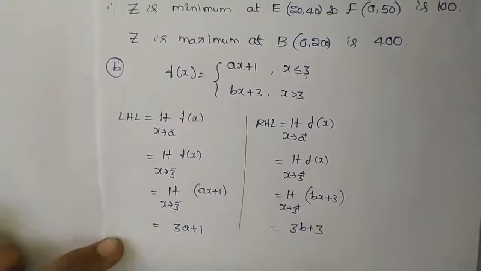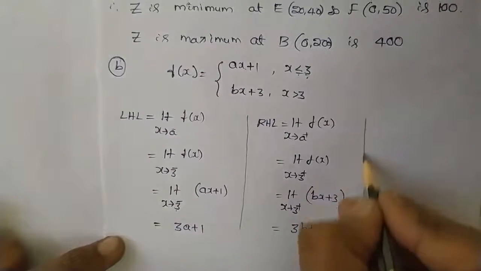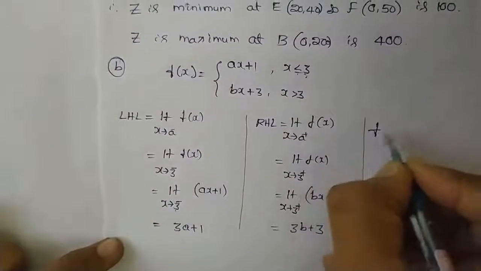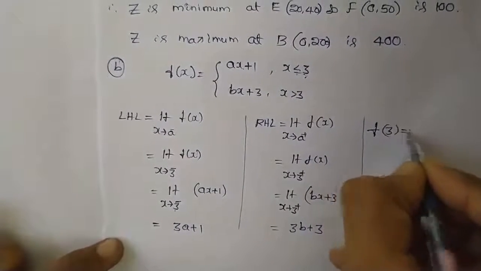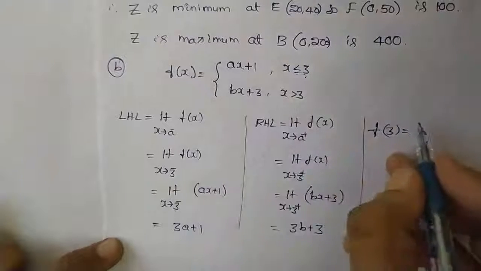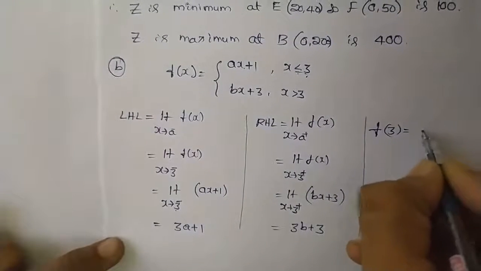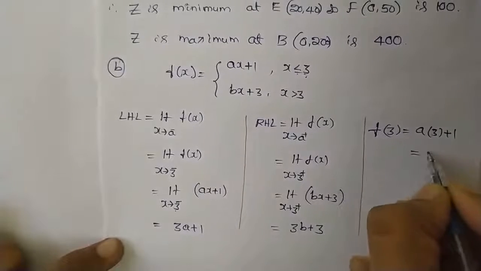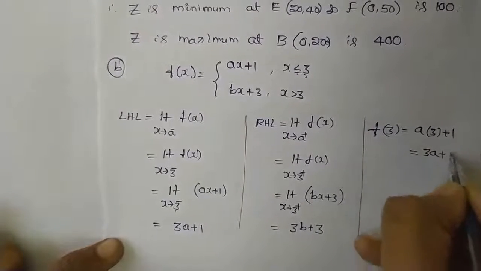That is the RHL. Next, also find out the functional value. F of 3 equals ax plus 1, therefore a into 3 plus 1, that is 3a plus 1.